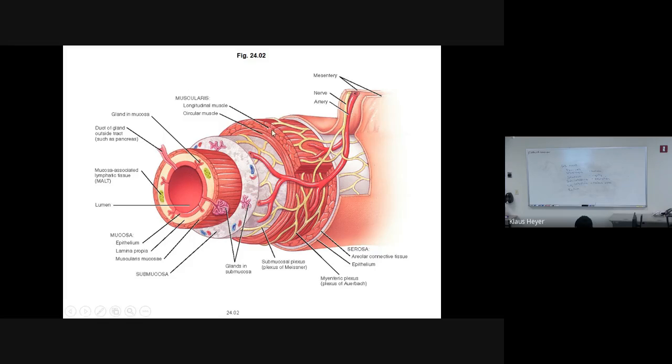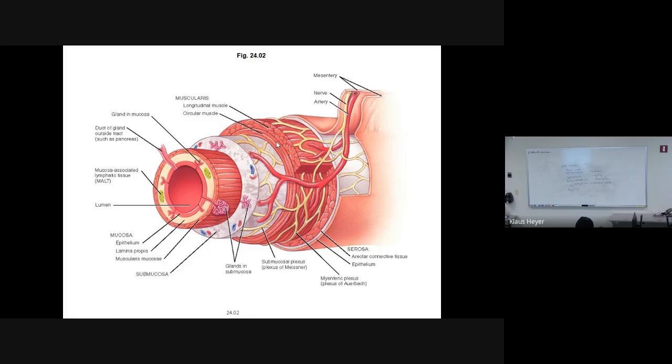This first layer they're calling circular, and it circles around this thing. And this layer is longitudinal, so it runs up and down. If this were your esophagus, you've got a layer of muscle circling around the esophagus and a layer of muscle going up and down. And they alternate in their contractions. We call that peristalsis.